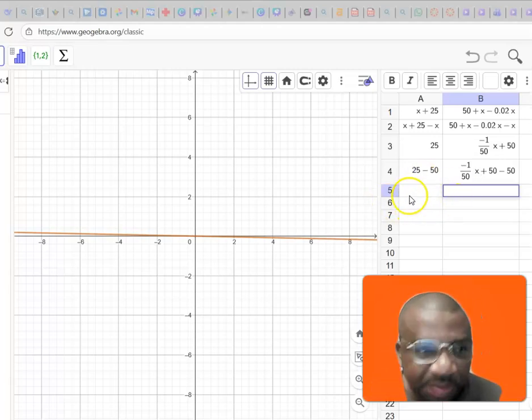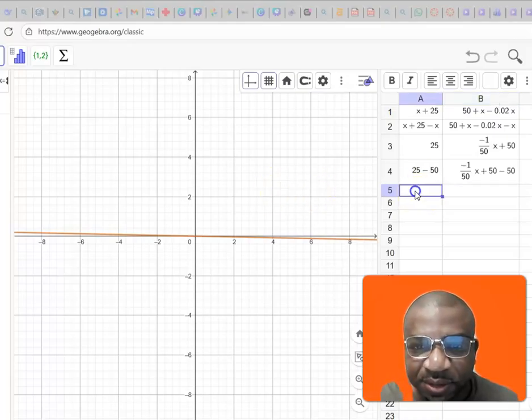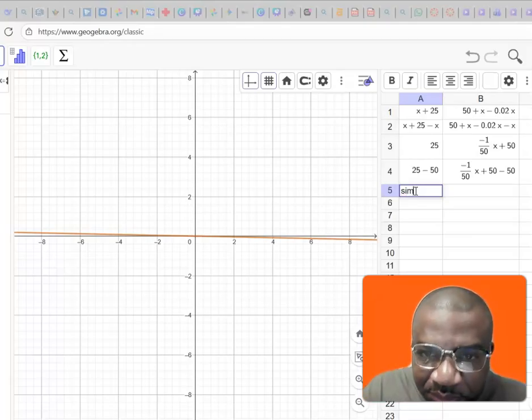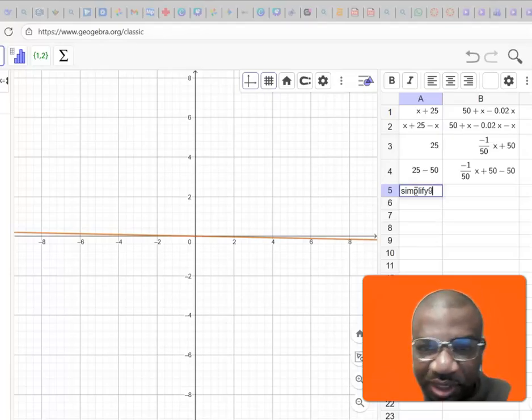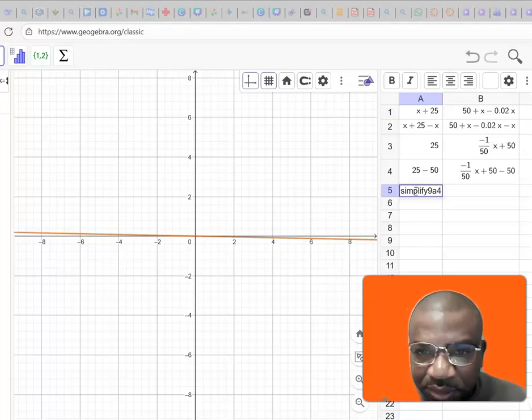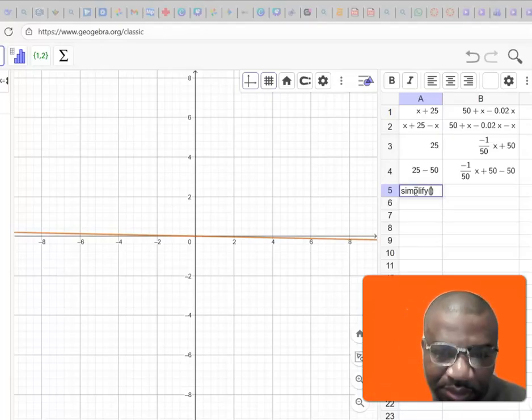So the next step is to simplify. So let's simplify. Simplify. Close bracket. A4. Close bracket.